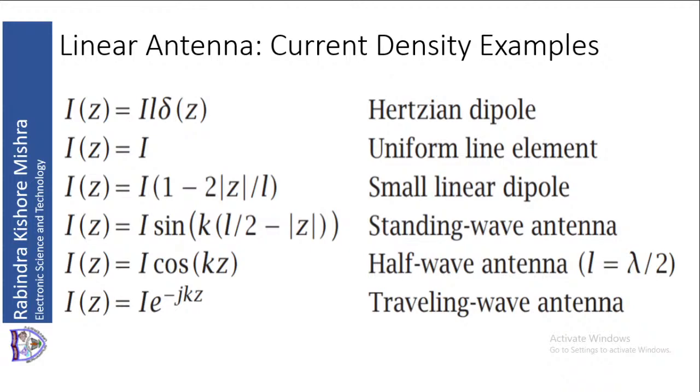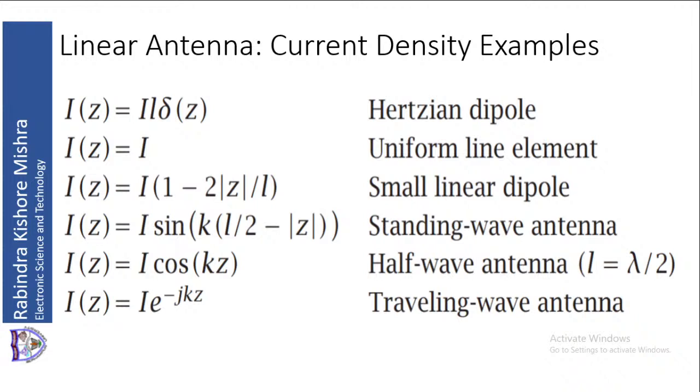If Iz is equal to I into 1 minus 2 absolute Z by L, then we call it a small linear dipole antenna. Now what is this? I is the peak current in the antenna. Then 1 minus 2 absolute Z by L. Now suppose Z is equal to minus L by 2.